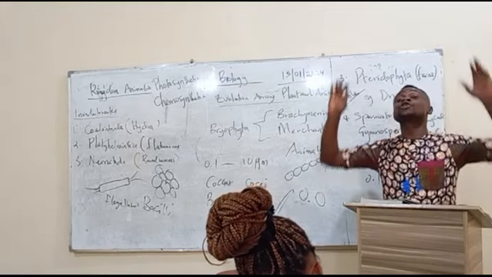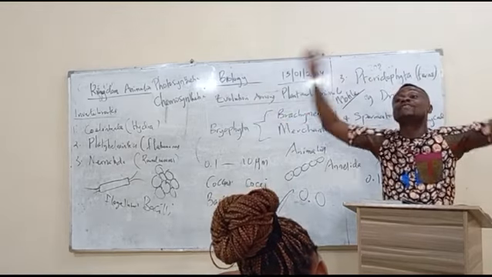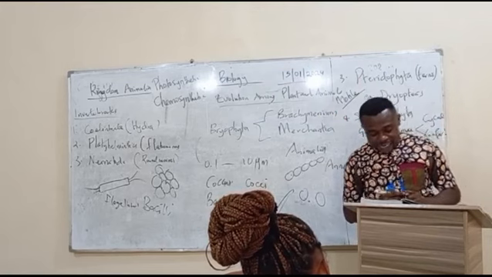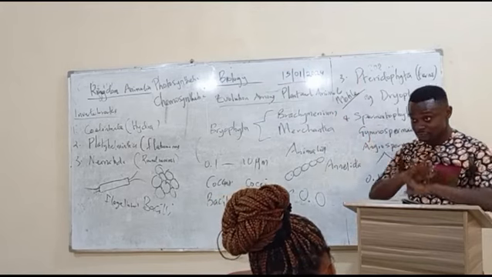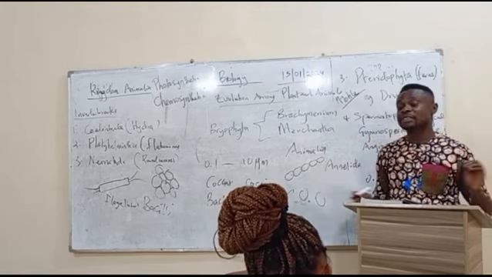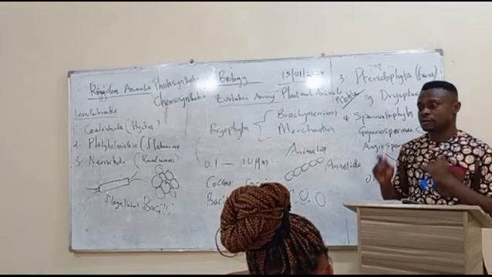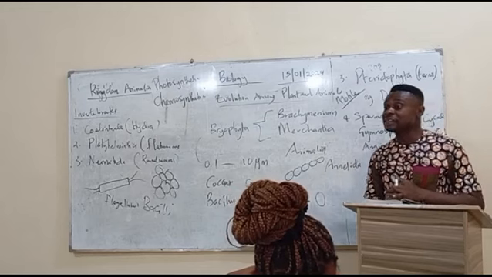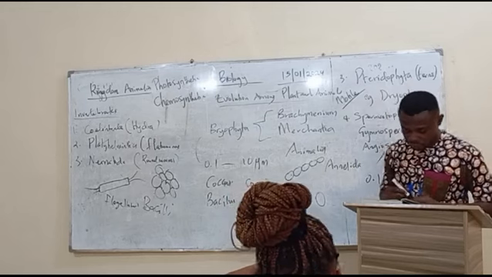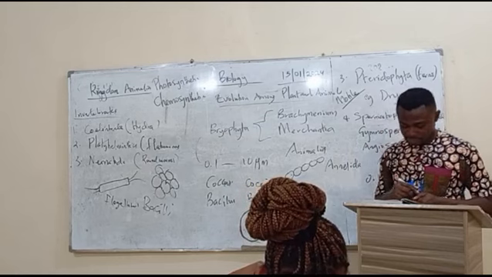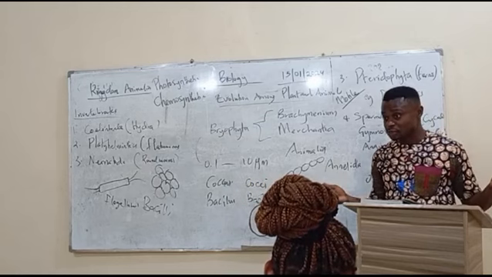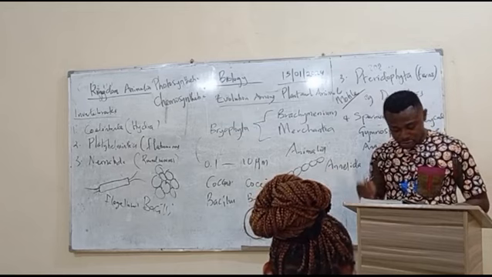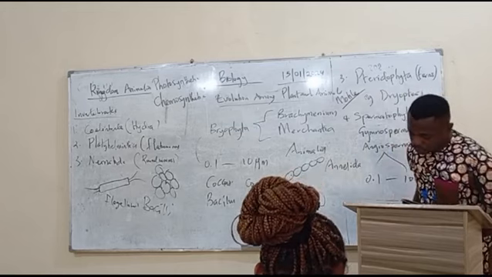But most bacteria take in ready-made food. Some are photosynthetic, some are chemosynthetic, some take in ready-made food. And how do they do that? Of course, you know that bacteria are saprophytes.